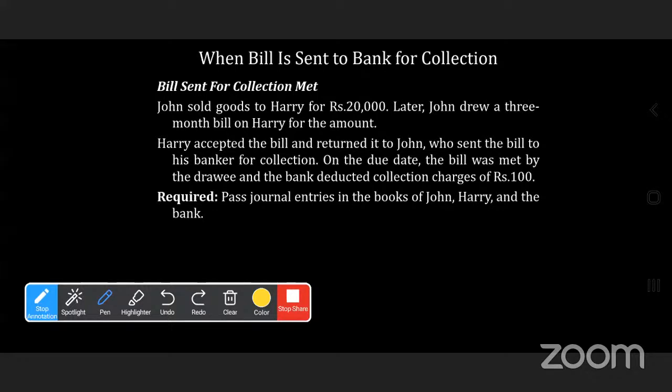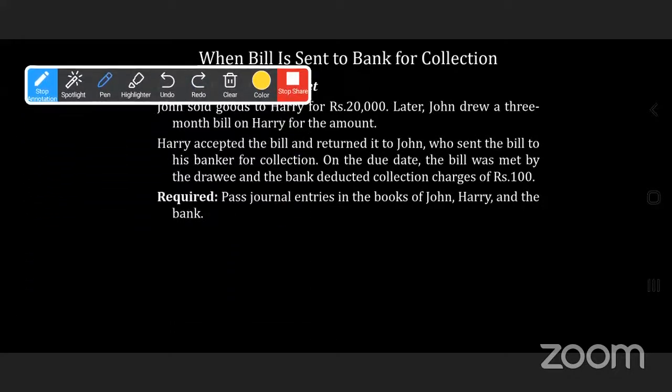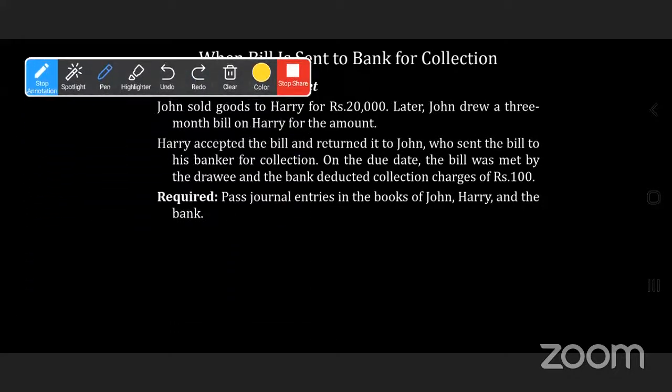Now, let us see. Harry accepted the bill and returned it to John, who sent the bill to his banker for collection. Now you have to pass a journal entry with regard to this, that is when the bill is sent for collection.